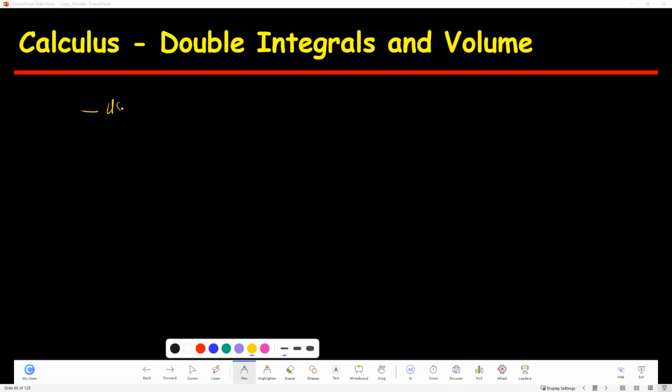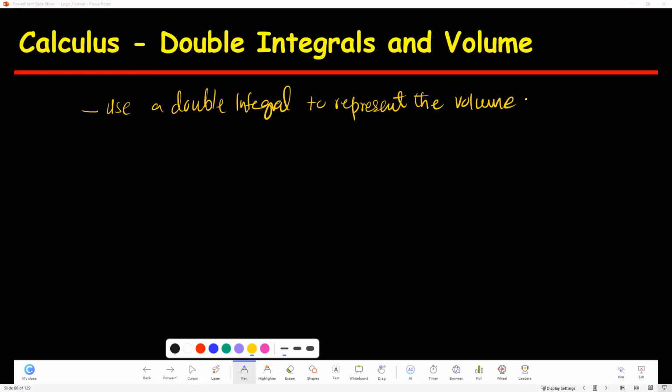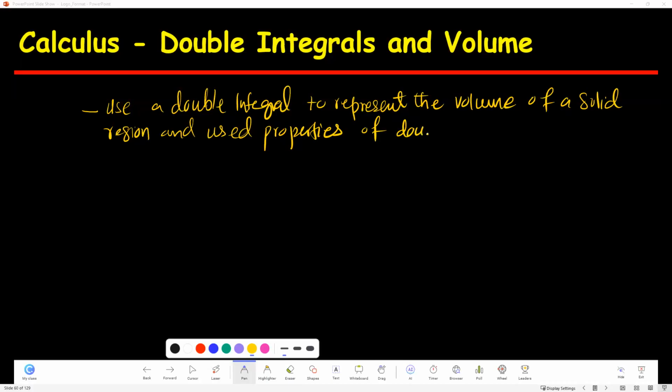We're going to talk about using a double integral to represent the volume of a solid region, and use properties of double integral.